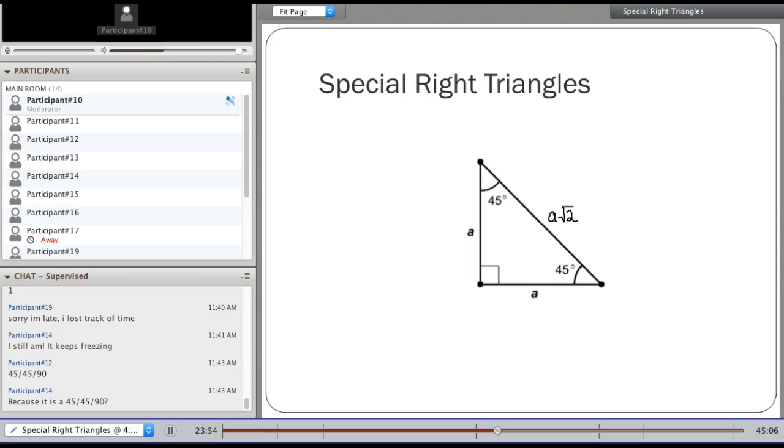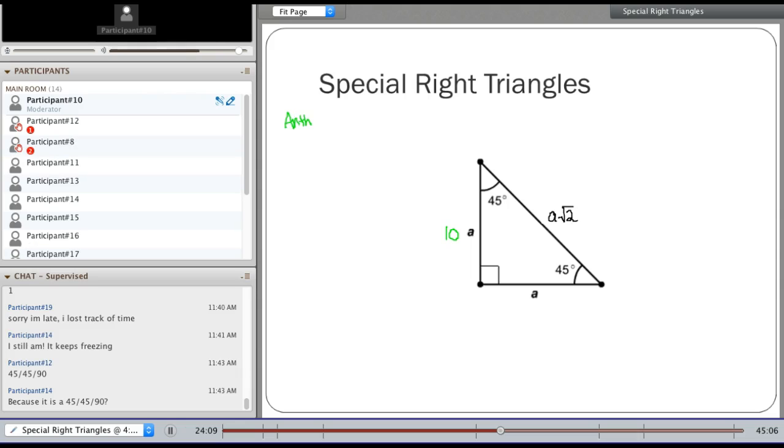Let's say I told you, anybody want to try these on the board? Raise your hand. Let's say for the first example that I told you that this leg was 10, and I asked you for the others. All right, so Anthony can take this space, and he's going to do the green problem.